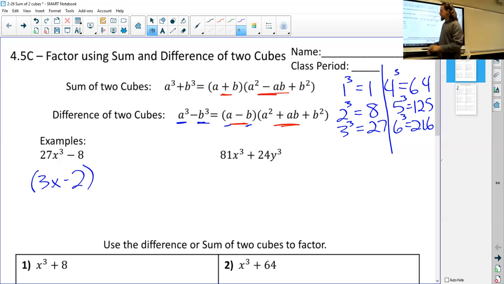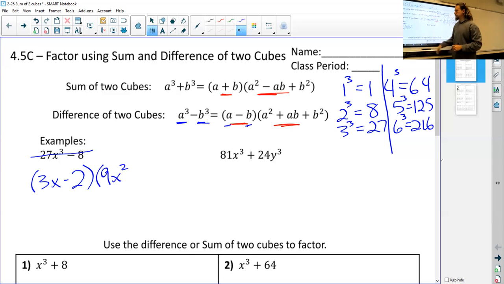Once we do that, that's the hard part. Then you ignore the original. Don't look at this anymore. All we're looking at is the 3x and the 2. Our next term up is a squared. Since a was 3x, we're just going to square that. 3 times 3 is 9, x times x is x squared. Our middle term is plus ab, so I'm just going to take my two terms and multiply them together. Don't look at the sign, just the number.